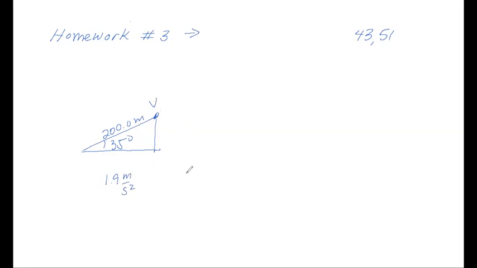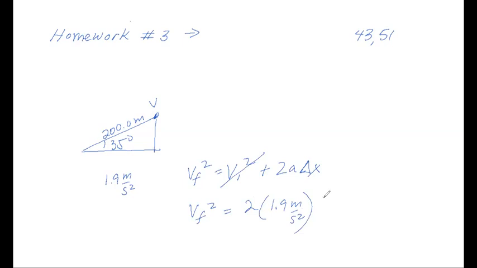So I need to know my velocity here. V final squared equals V initial squared plus 2A delta X. V initial is 0, so V final squared equals 2 times 1.9 meters per second squared times delta X, which is 200 meters.